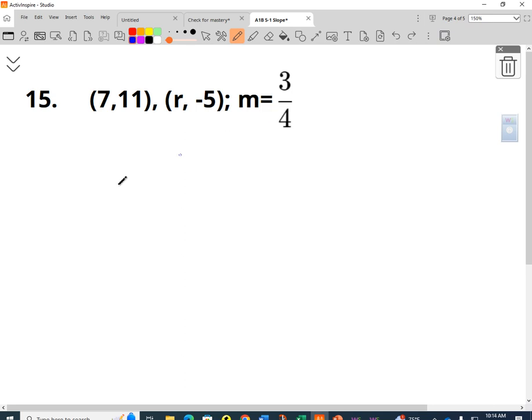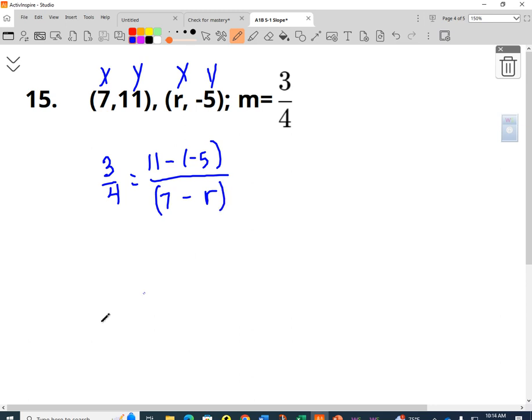So we do slope equals, so 3/4 equals y minus y, 11 minus negative 5, over x minus x, 7 minus r, with the parentheses around that. So we just plugged into our slope formula.